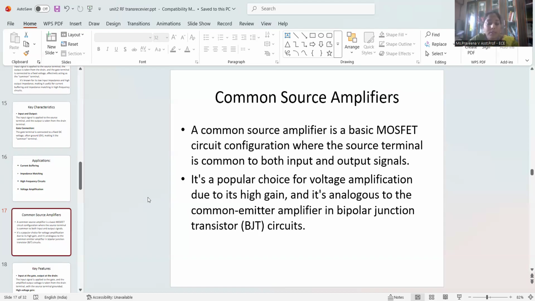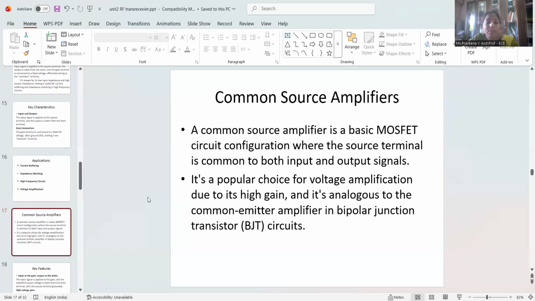Both the common source amplifier as well as the common emitter amplifier provide a high voltage gain and amplify weak signals. They have similar input and output characteristics. It provides a 180-degree phase shift between input and output.